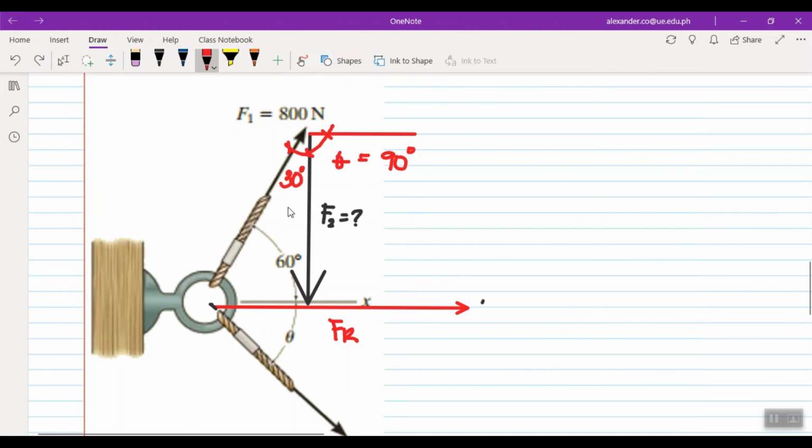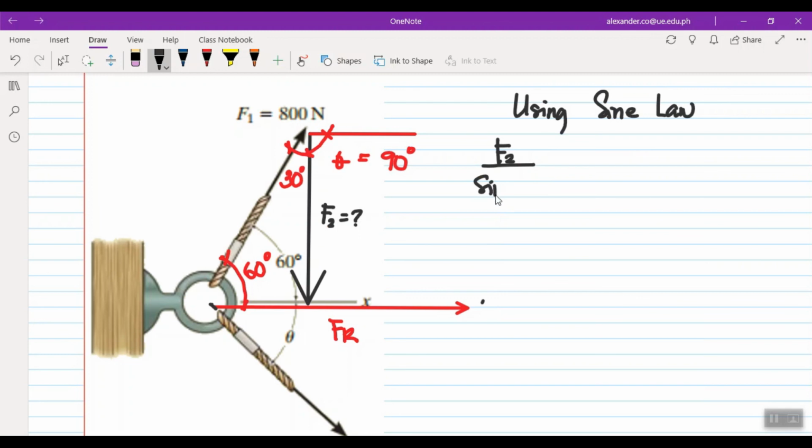Dalawang angle lang given, 60 to. 60 degrees. Using what? Sine law, then we can solve this one. Ang hinahanap, F sub 2, yung magnitude. Over sine law, ilan yan? Ito yung katapat niya, no? So, sine 60 degrees.